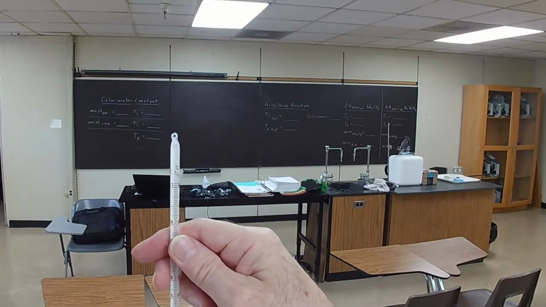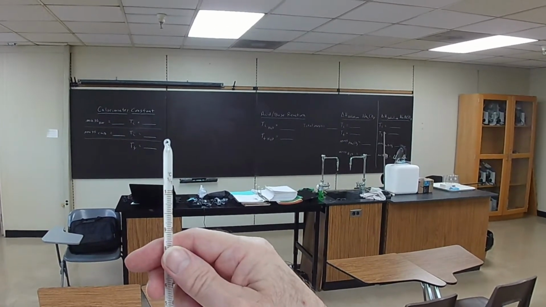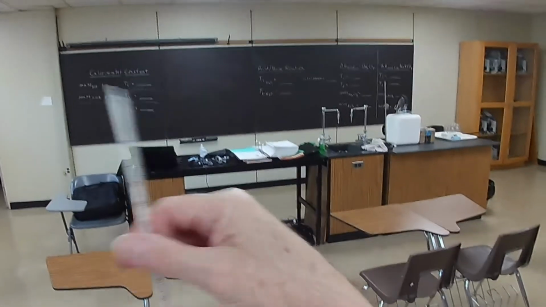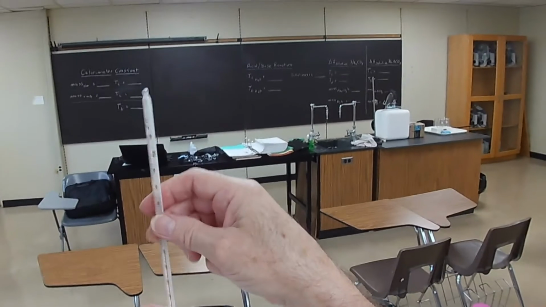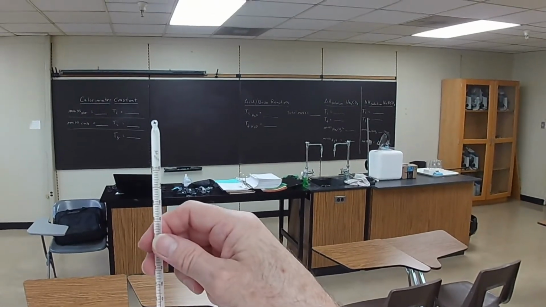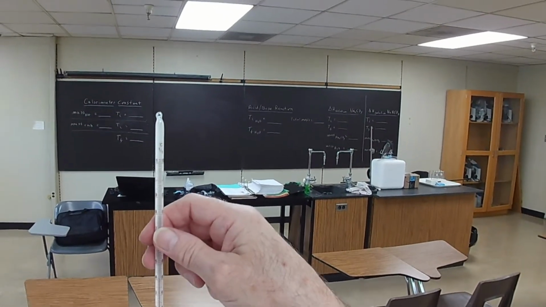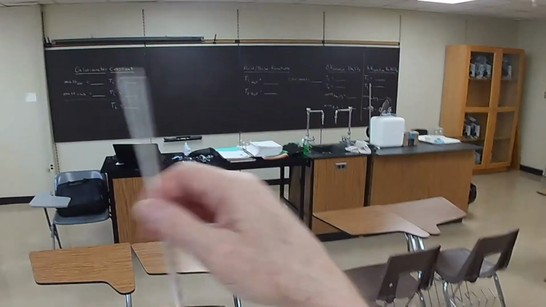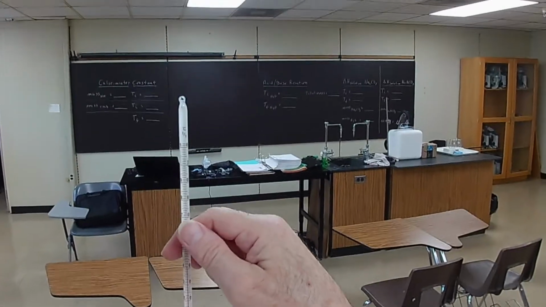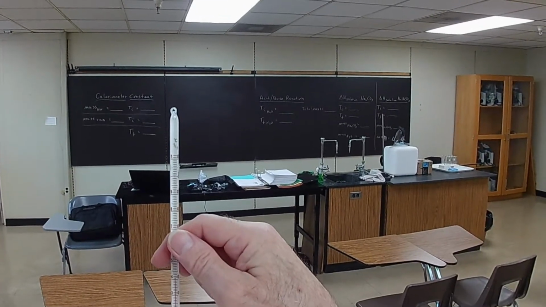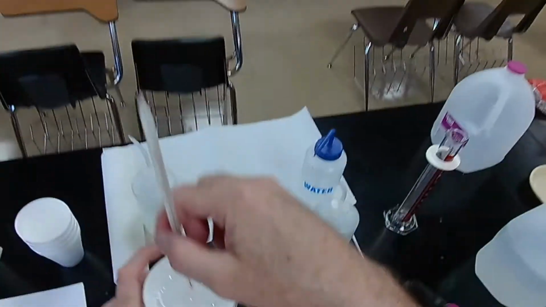It's at 39, up to 40, still going up. Crept just above 40, 40.5. As soon as it starts to go down, that's as high as it's going, 40.5.